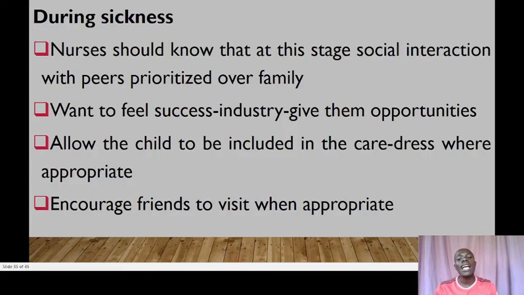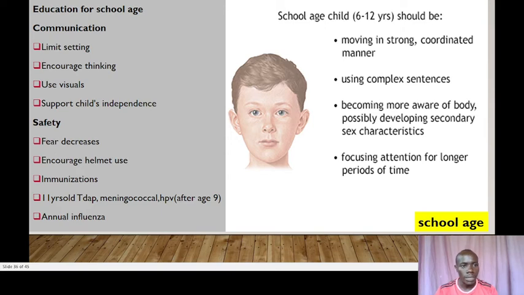Allow the child to be included in care, like dressing, wearing appropriately, and encourage friends to visit when appropriate. Okay, so in terms of education, talking to them, you have to do some limit setting so as to model their behavior. You encourage thinking, you use visuals, and support the child's independence.